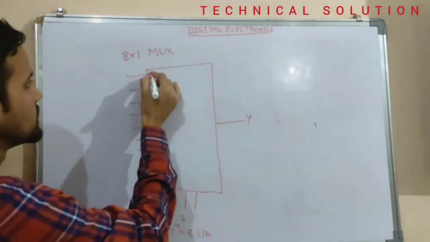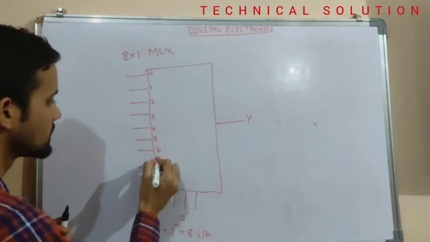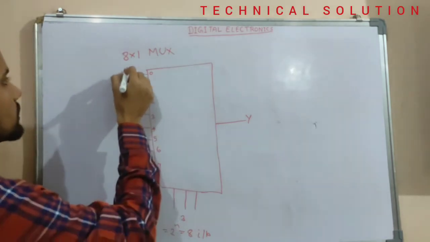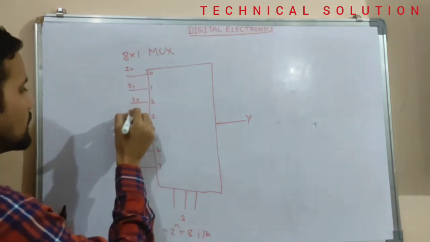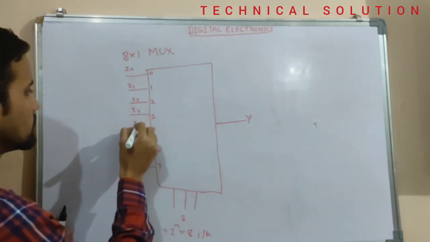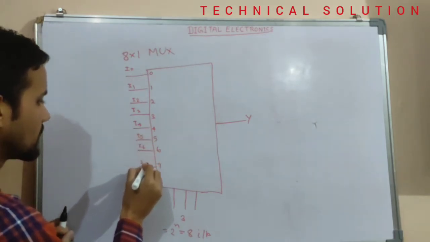The inputs are represented by 0 1 2 3 4 5 6 7, or we can also represent them as I0, I1, I2, I3, I4, I5, I6, I7.